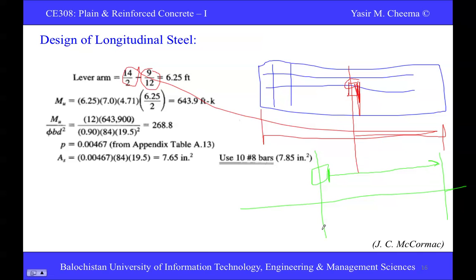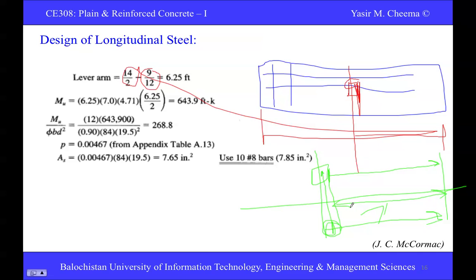From here to here, this dimension is 7 feet, or you can say 14 by 2. So from the 7 foot we subtract this dimension, which is half of the column thickness, 9 by 2. So the remaining length, this one, comes to be 6.25. That is the moment arm.